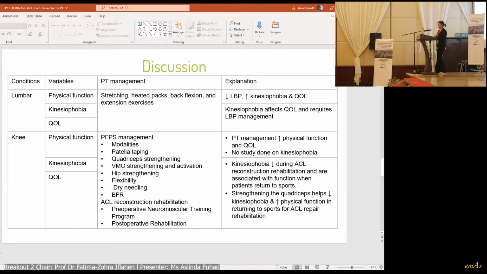This study shows that PT management increased physical function and quality of life. However, for the knee, there was no study done on kinesiophobia.